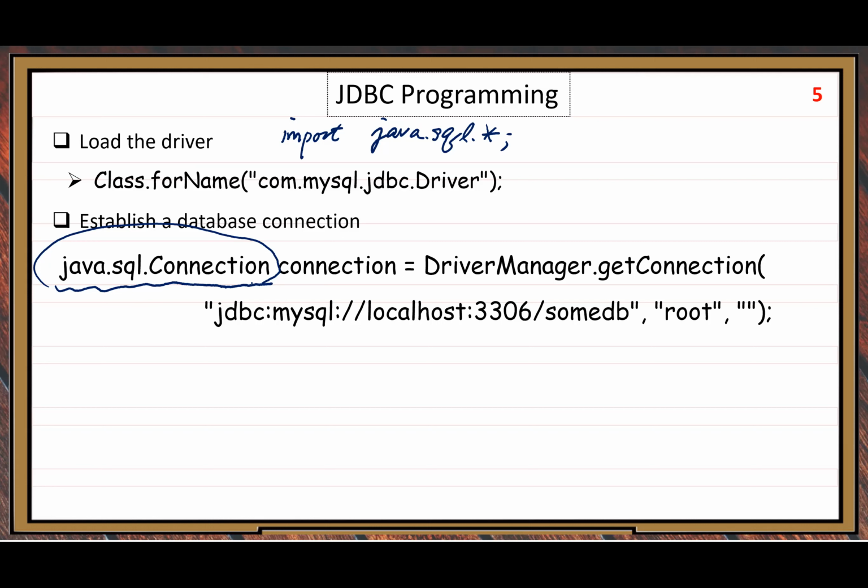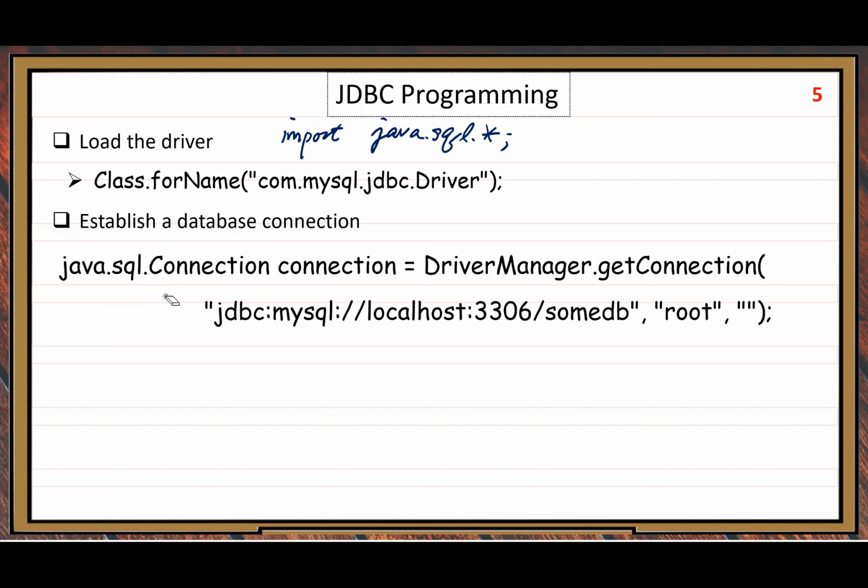You only take Connection, because you still need the data type part. But if you do not do the import, then you need this whole thing.